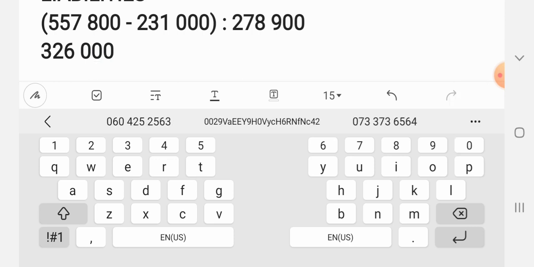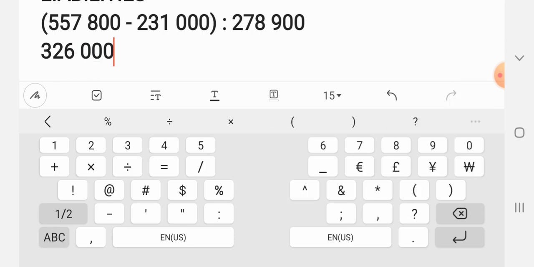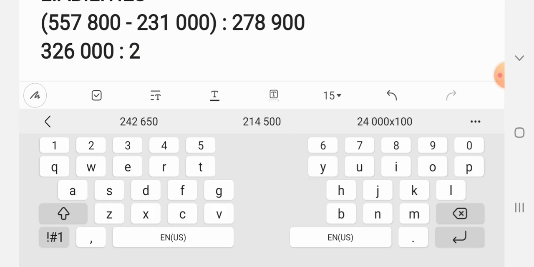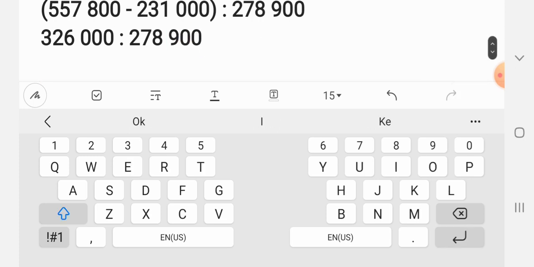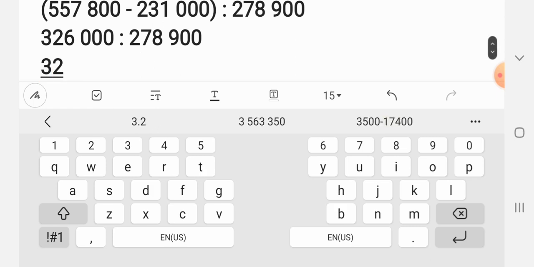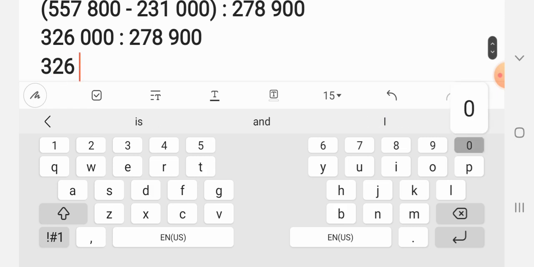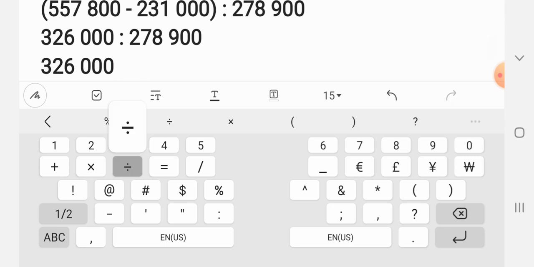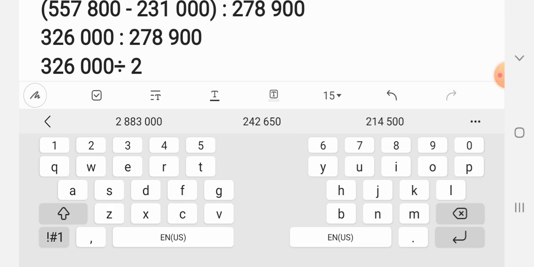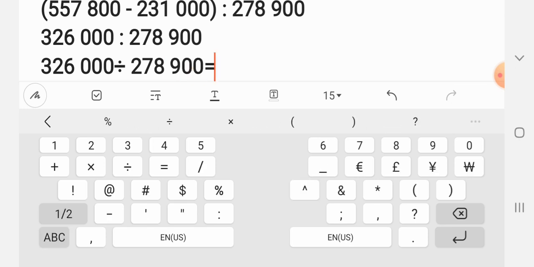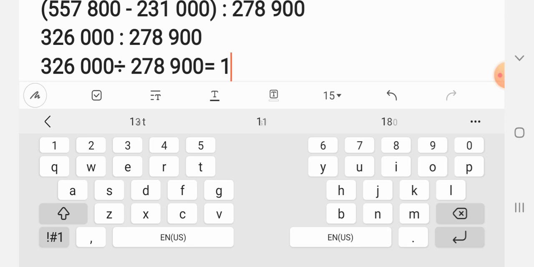And then we will do 278,900 rand. So after doing this step, you say 326, divided by 278,900, and then you will get 1.2.